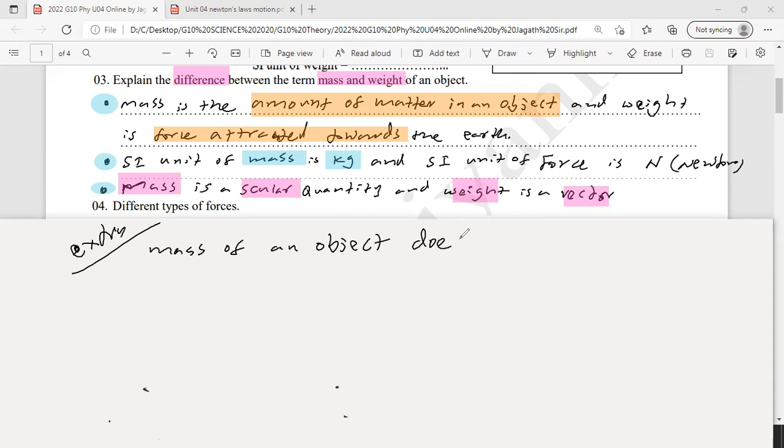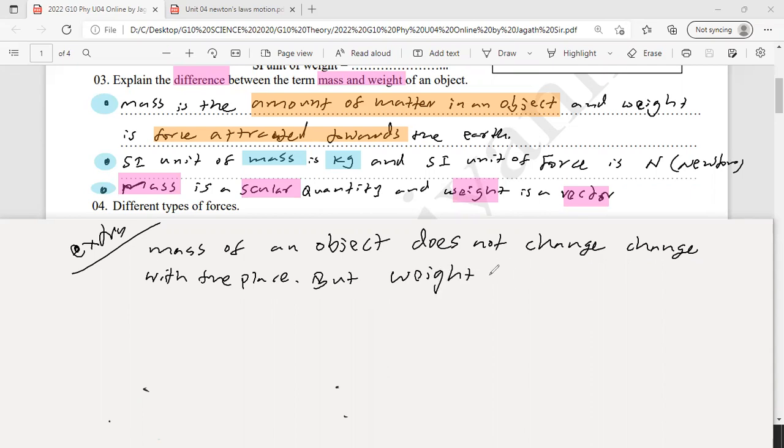Mass of an object does not change with the place, does not change with its position, but weight changes with the place due to the gravitational acceleration.